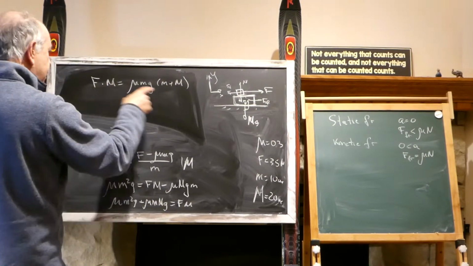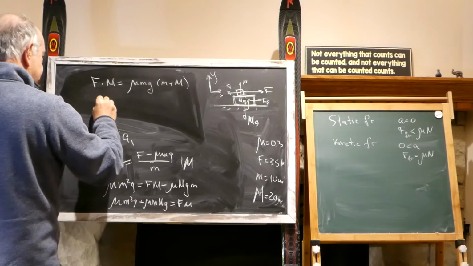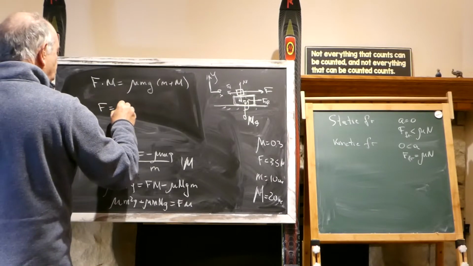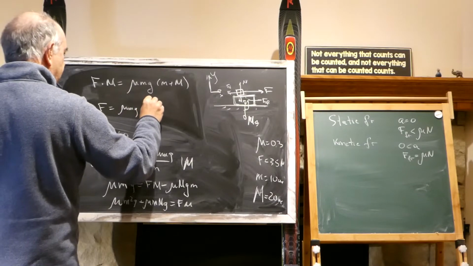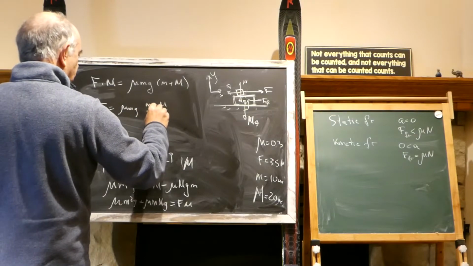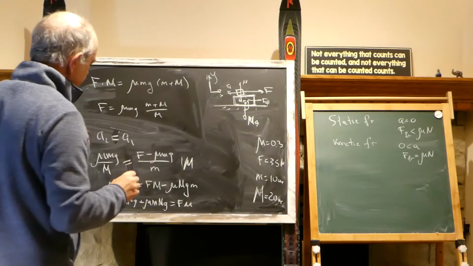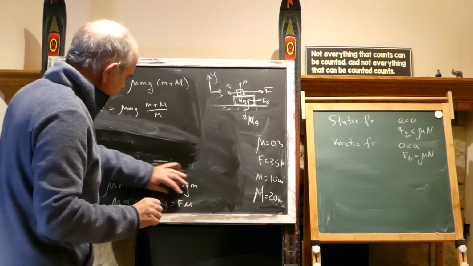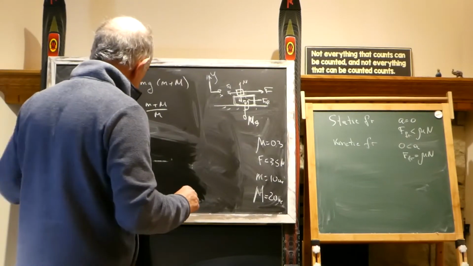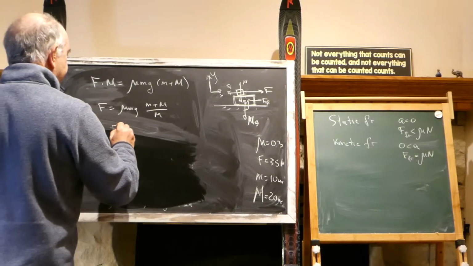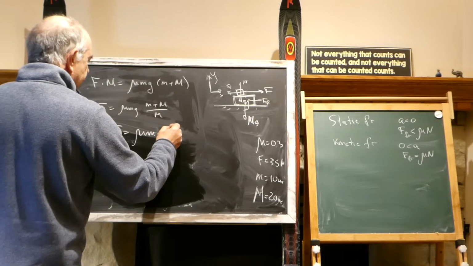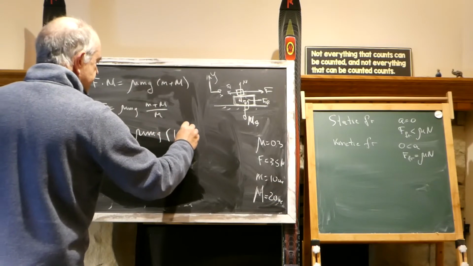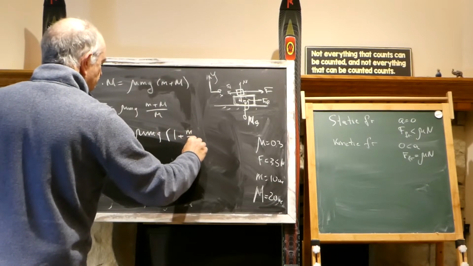And then I divide into m, both cases, and I have f equal mu mg, and here I have m plus m over m, and let me write it in one other piece of transformation. So f equal mu mg, and here I write 1 plus m over m capital.